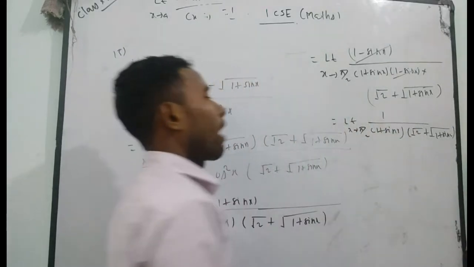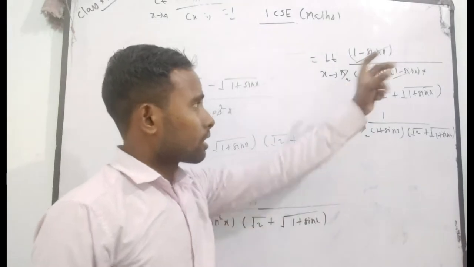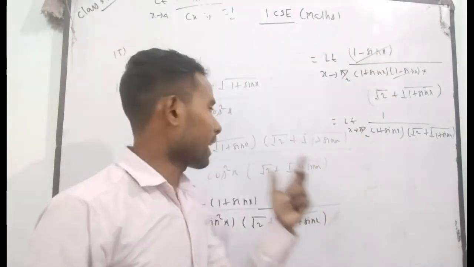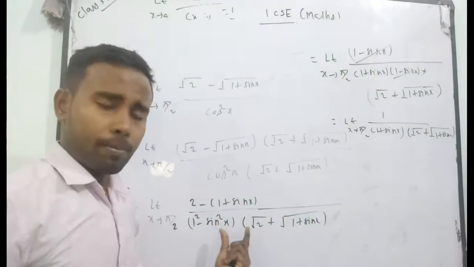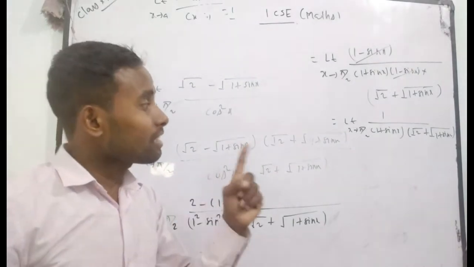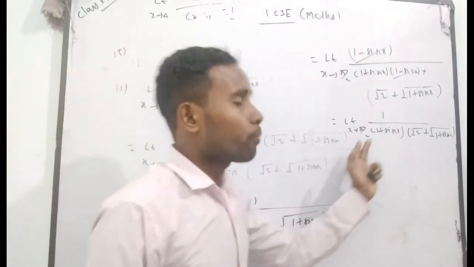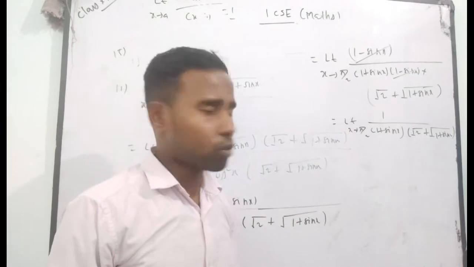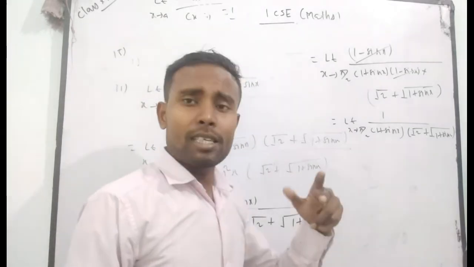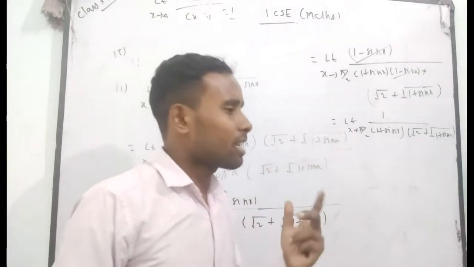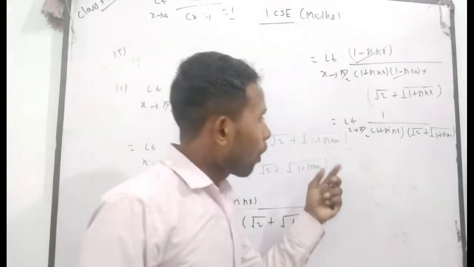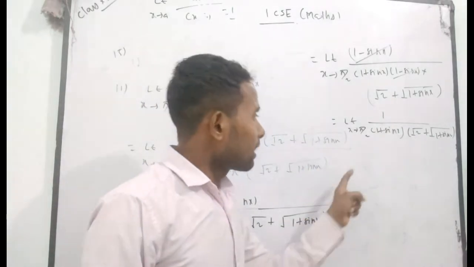I have already told you, after doing some steps, suppose I have done one step, thereafter you definitely check whether it exists if you put x equal to pi by 2 directly in your question. Similarly, after doing one step, two steps, three steps, always try to check whether it exists or not.